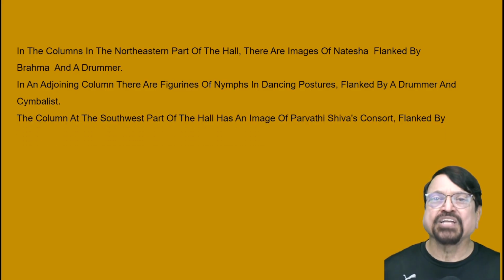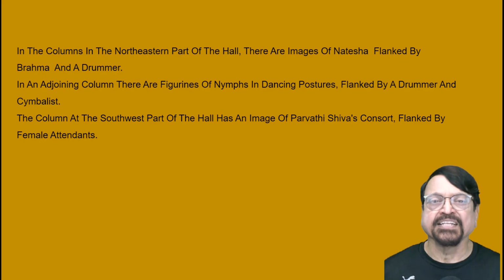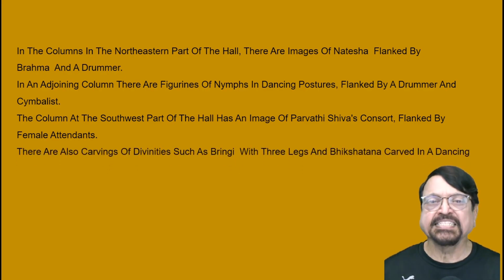The column at the southeast part of the hall has an image of Parvati and Shiva, that is Kalyanasundaram, flanked by female attendants. So you will find here the scene of Shiva's marriage with Parvati.